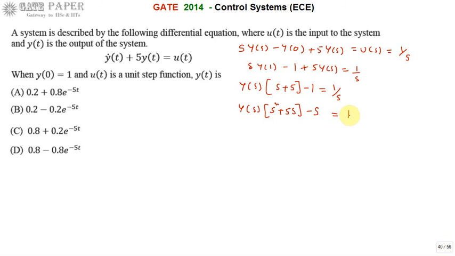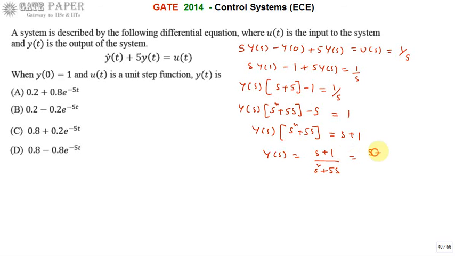This minus s, when taken to the other side, gives Y(s) times (s square plus 5s) is equal to s plus 1.